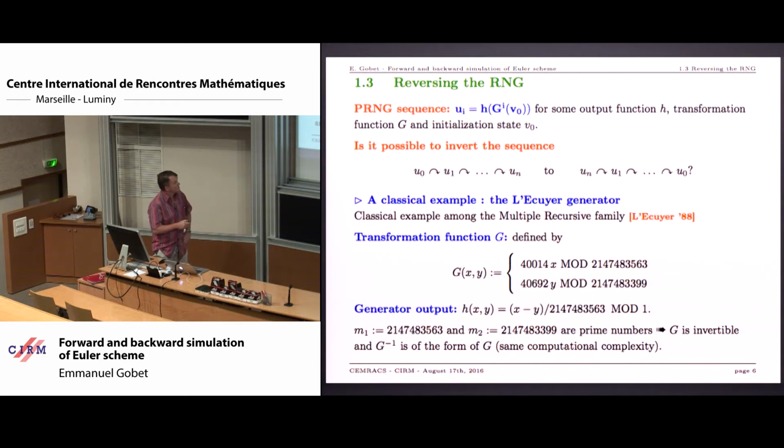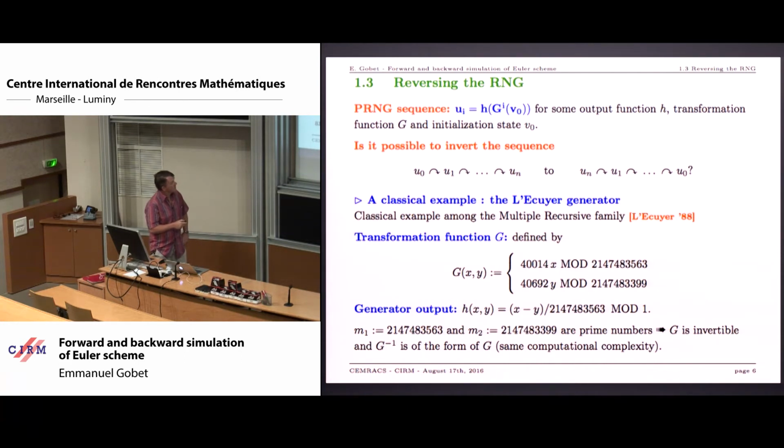So here this is some specific PRNG sequence. You can iterate by just multiplication and composition. And so the question is, if you go in that direction, can you invert your generator to go back? Once you have this value, is it possible to get the previous value? This is, for example, possible for the L'Ecuyer generator.